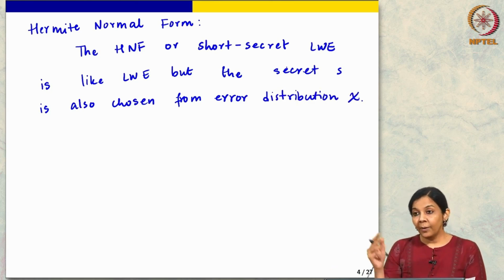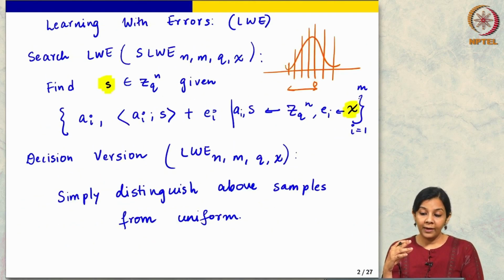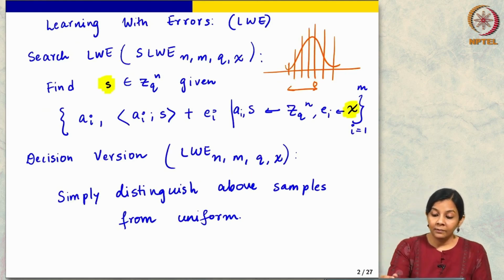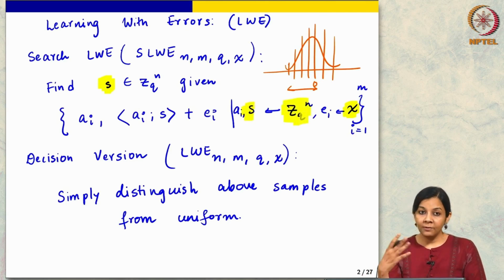Okay. So, remember we are generating AS plus E, right, and previously when we defined it last time as well as today, we were sampling S uniformly from Z_q to the n, right, uniformly. So, these are large entries, and I was telling you how the error obviously has to have small entries, otherwise there is no sense in defining this problem.